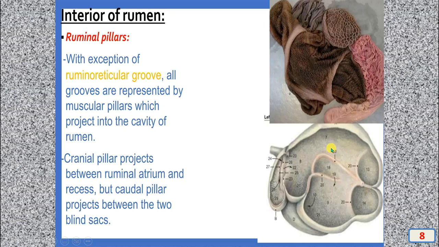Here you can see that the rumen cavity is a very big cavity, and this is the reticulum, omasum and abomasum.